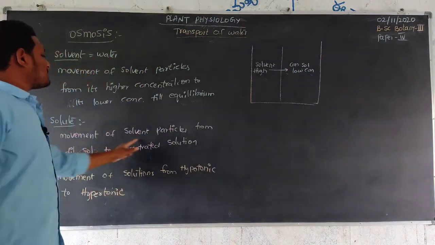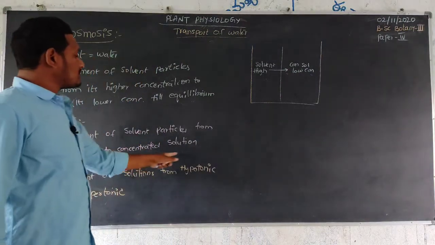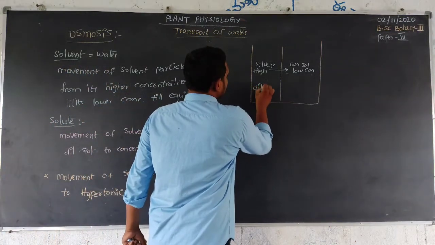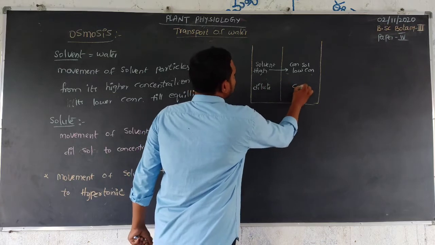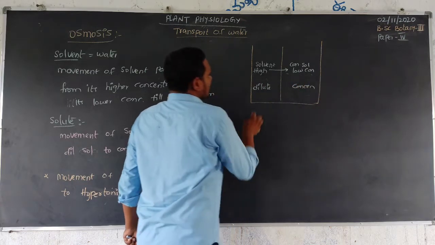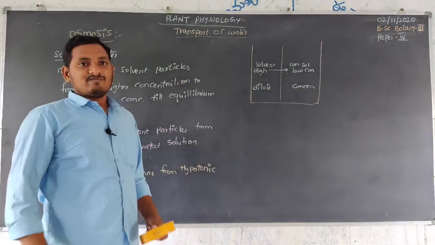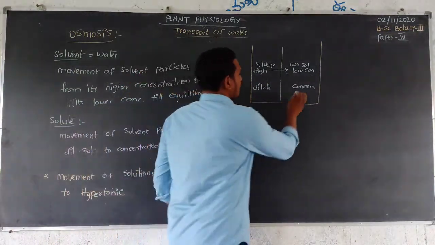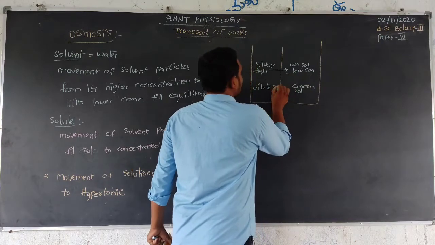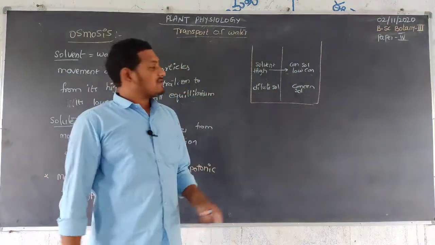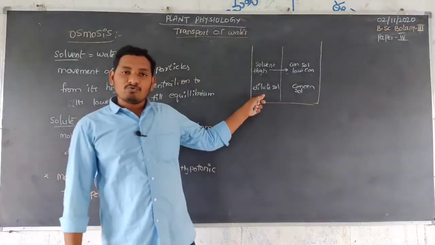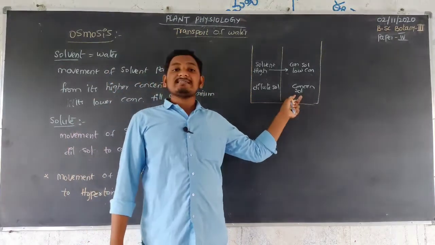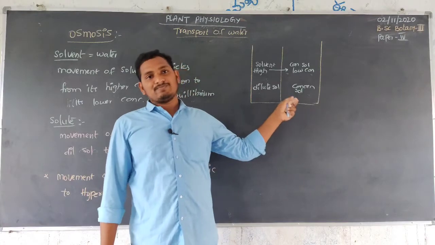Next, movement of the solvent particles from the dilute solution to concentrated solution. For example, here is a dilute solution with less concentration, and here a concentrated solution, which has high concentration. Dilute solution contains more free water molecules, and concentrated solution has fewer water molecules.